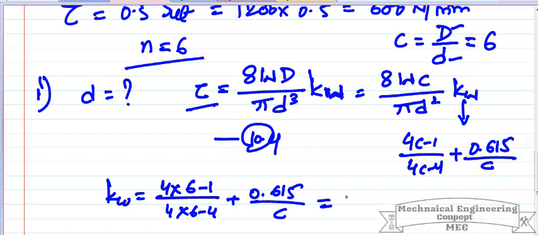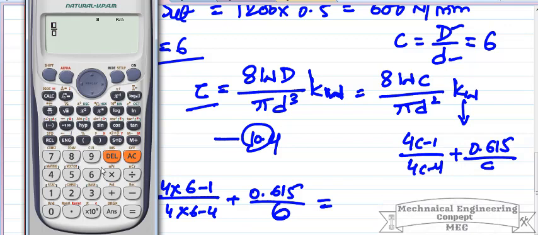Then Kw will come out as follows. In place of C I need to put 6: (4 into 6 minus 1) divided by (4 into 6 minus 4) plus 0.615 divided by 6.